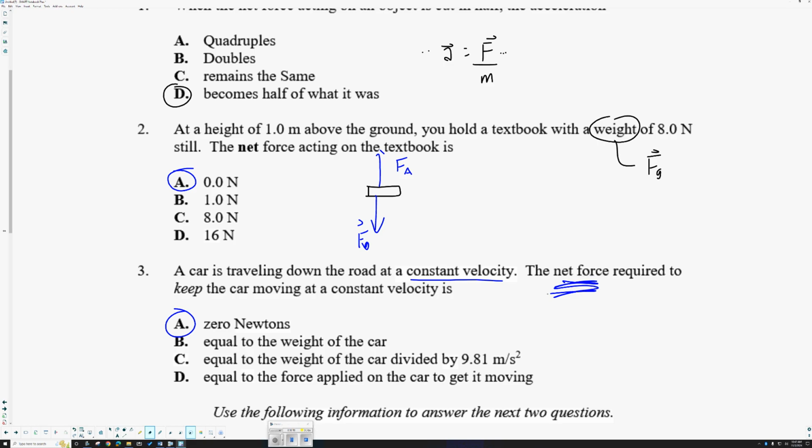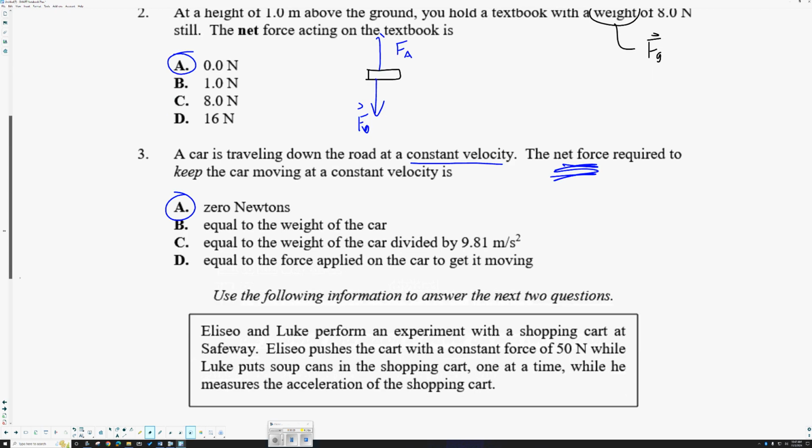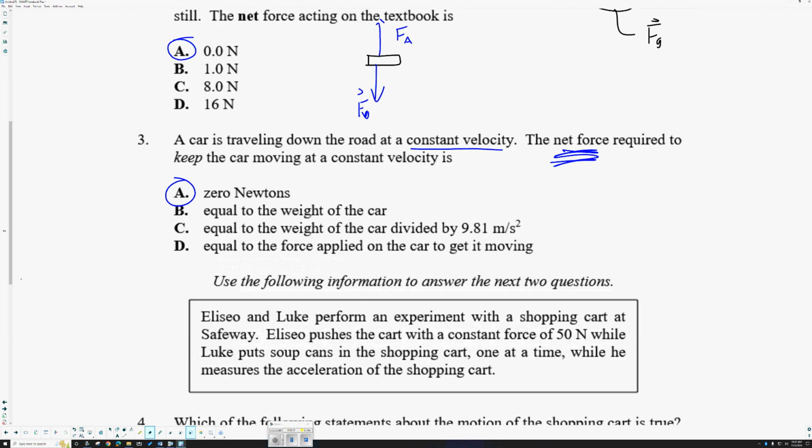There's a force applied, and then there's force of friction probably acting backwards, maybe air resistance acting backwards, but the total force has to be 0 as long as we're in a state of equilibrium. Static equilibrium, translational equilibrium, doesn't matter. The net force is always going to be 0 there. A is our answer.